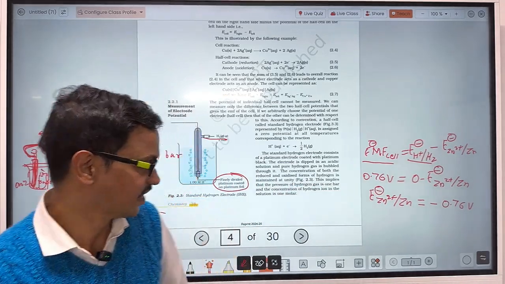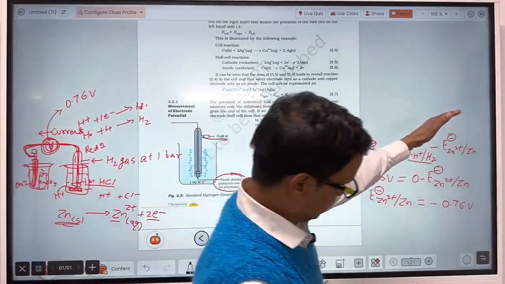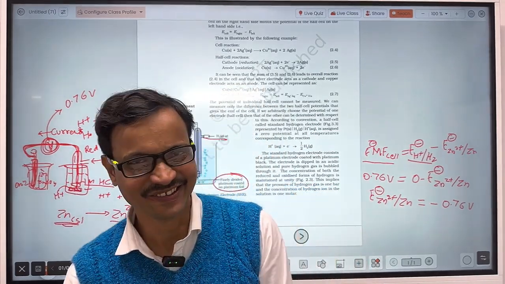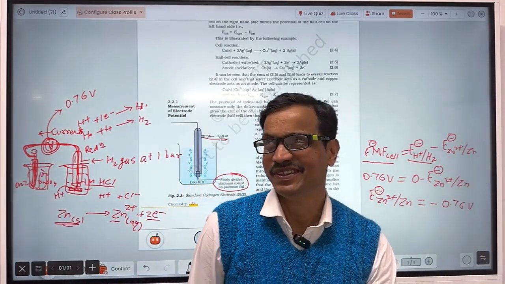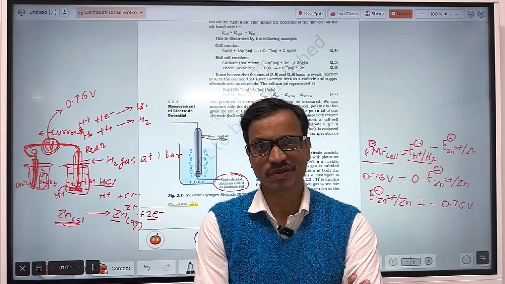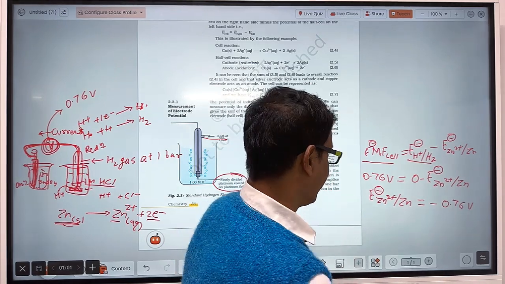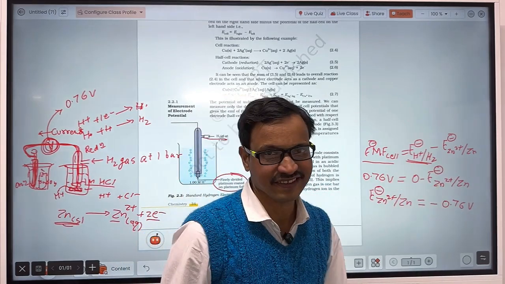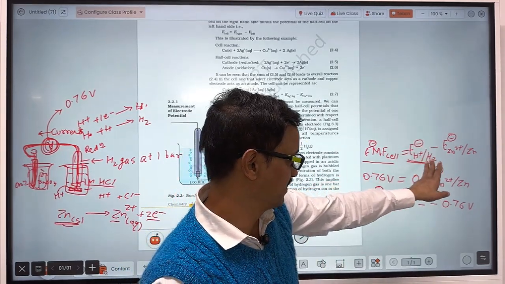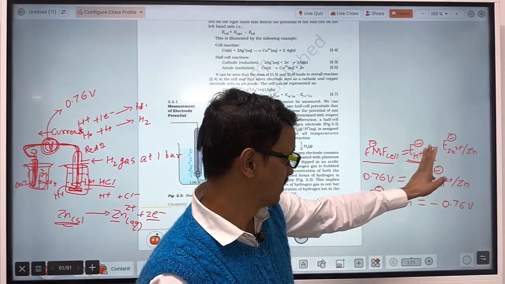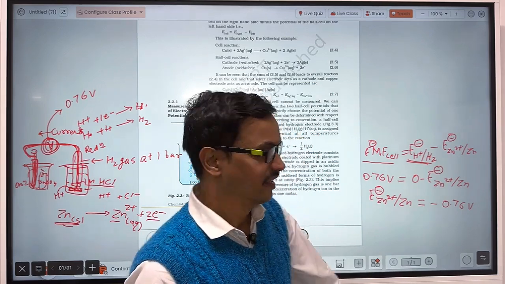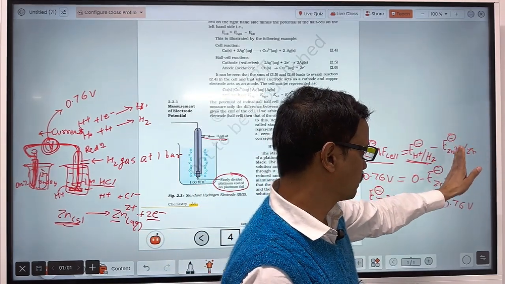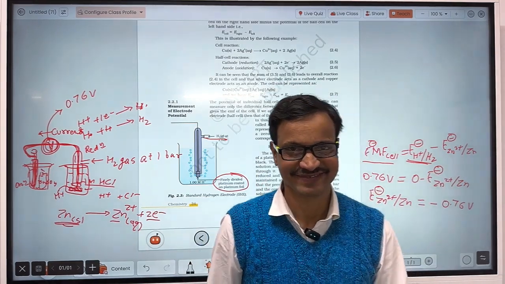Okay guys, keep 2 points in mind. You may or may not have observed this, but I am telling you: whenever we say electrode potential, it means reduction potential. Here the electrode potential of hydrogen means when H+ is converted into H2, and the electrode potential of zinc means when Zn2+ is converted into zinc.